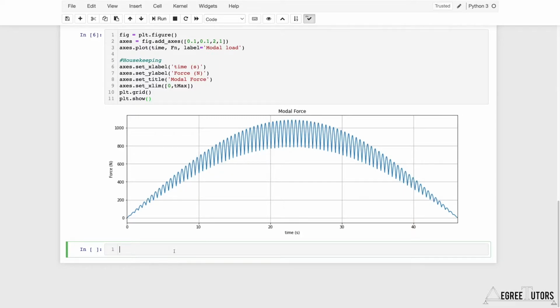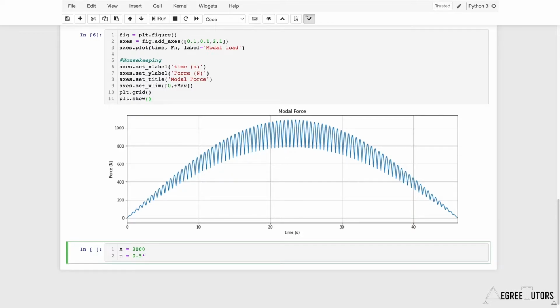Now before we can do that, we just have to define some of our bridge parameters again. So we said the mass per unit length was 2000. We worked out previously that meant the modal mass was a half times the total mass, so that's going to be a half times m times the span of the bridge. We said that the damping for our bridge was 2.5%, so that should be 0.025.